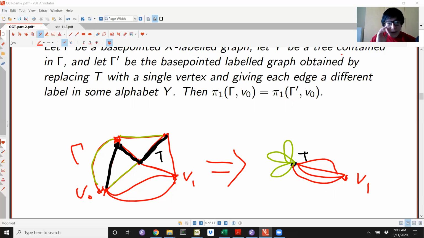You make a new graph with one vertex T, and the other vertices are all the vertices of the original graph gamma that are not contained in the tree T. And then any particular edge either ends or begins in T, or ends and begins in one of the other vertices, and so there we go.